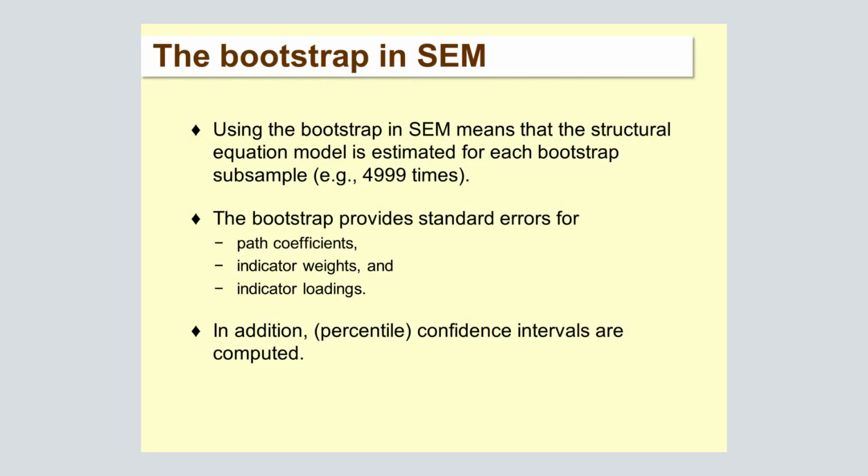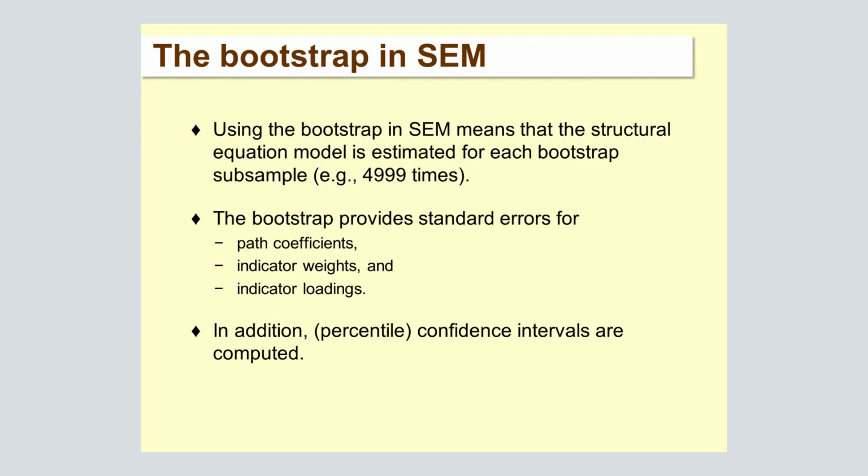In the context of structural equation modeling, the bootstrap is performed as follows. Firstly, a high number of bootstrap samples is drawn from the original sample. Let's say, for instance, 4,999 bootstrap samples. Then, for each bootstrap sample, the structural equation model is estimated.